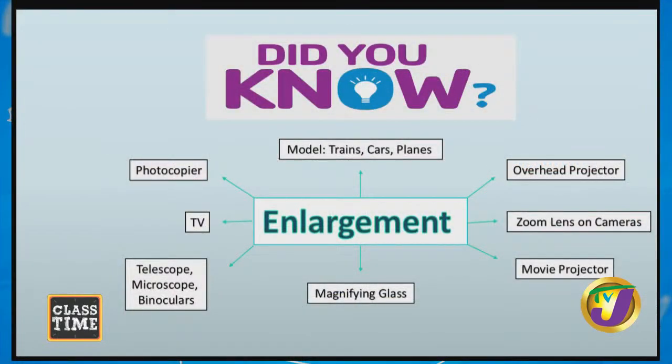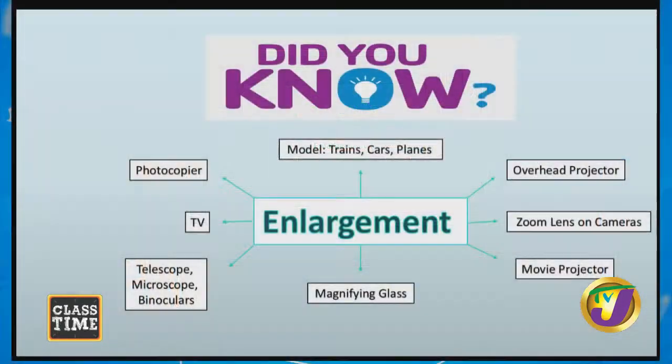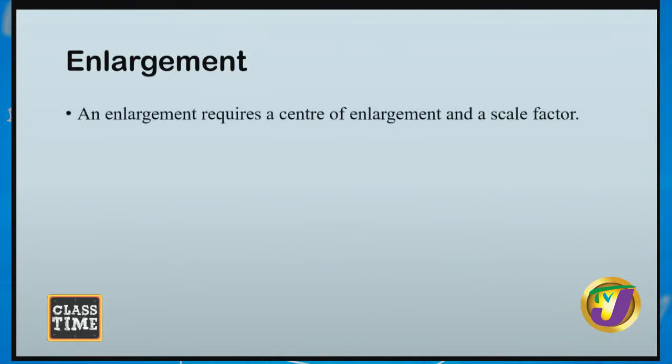And finally, we have our photocopier. And you know that we use these, especially during exam time, when we have to roll off all those test papers and so on. So we can actually magnify the images, or we can shrink them. Awesome. So basically, enlargement requires a center of enlargement and a scale factor.